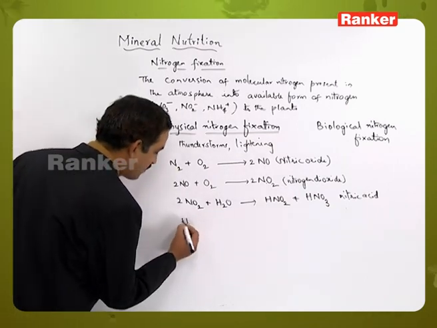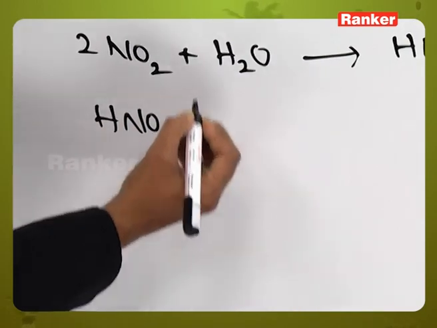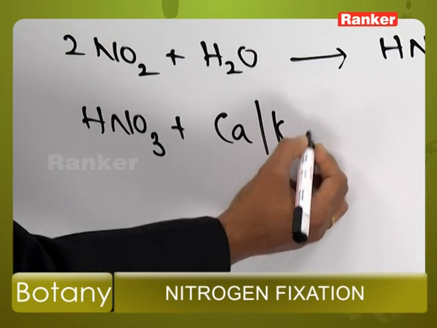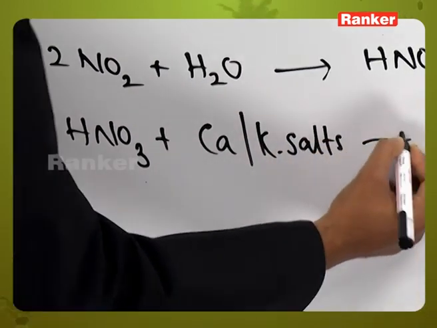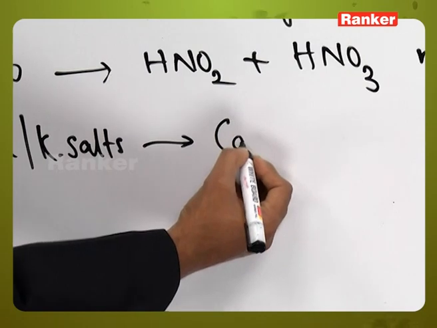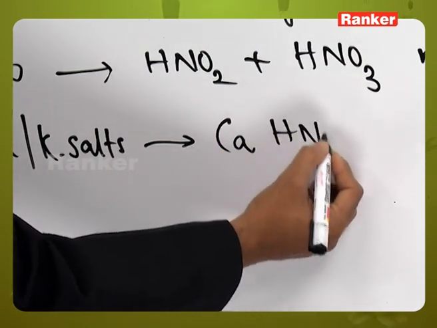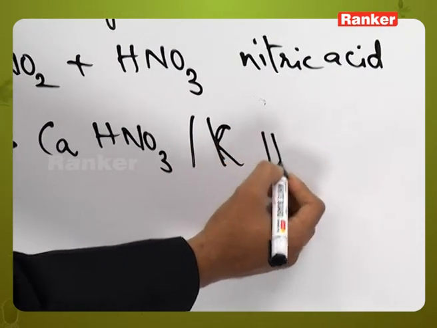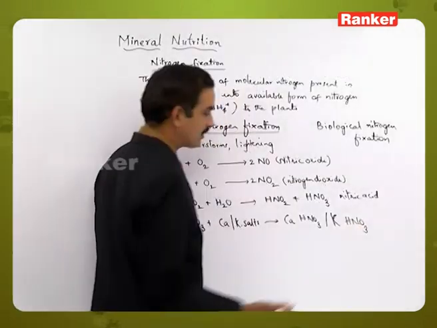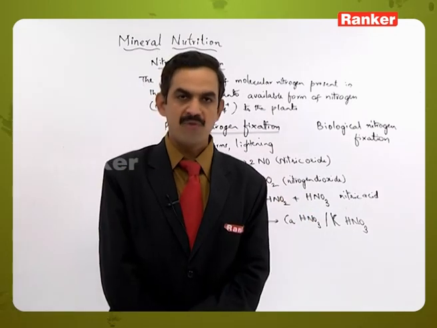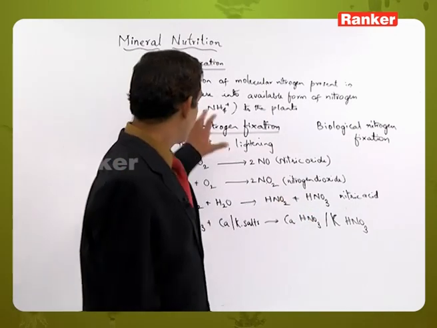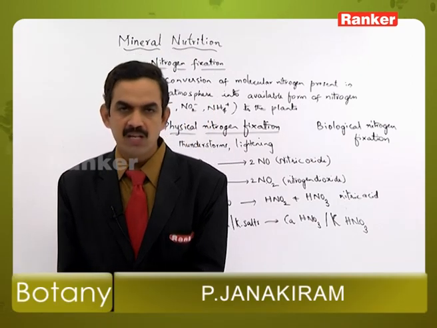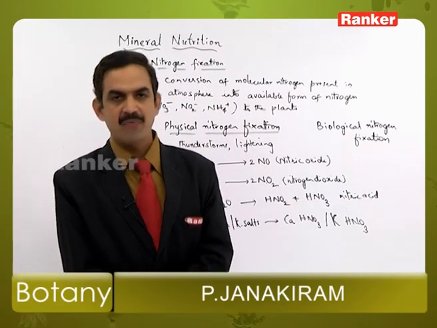So that is HNO3: if it reacts with calcium or potassium salts present in the soil, it will be converted into either calcium nitrate or potassium nitrate. So this is a way how this available form of nitrogen will be there in the soil. This is the process of physical nitrogen fixation, which occurs in the atmosphere without the utilization of any biological system.